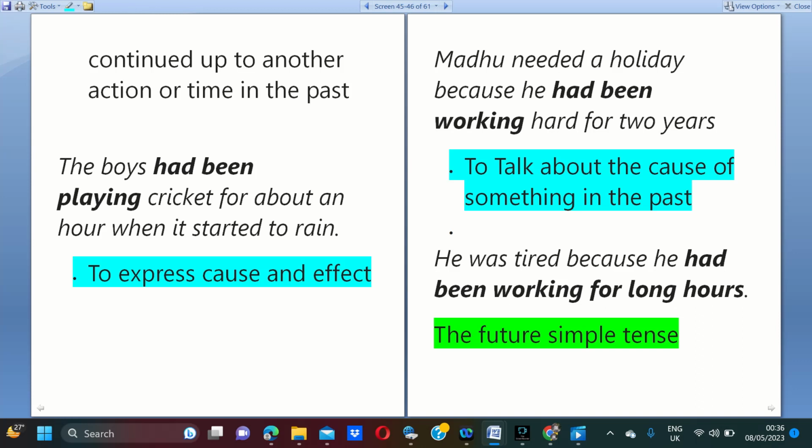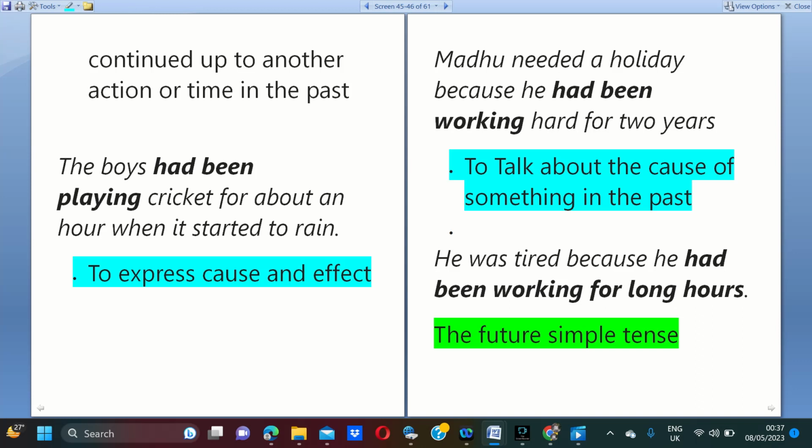The boys had been playing is a past action which began earlier and continued up to another action. What is the other action here? When it started to rain. Here this action started in the past. They started playing cricket in the past, maybe yesterday. The action continued up to the evening of the same day.